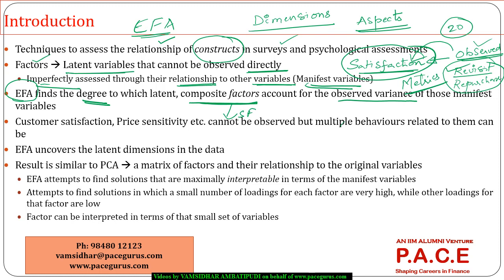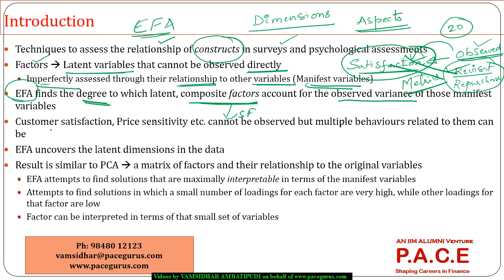Now what I want to look at is to what extent this observed variance is captured as a part of the latent factors, which we are calling the composite ones. So when I say satisfaction can be linked to revisit, repurchase, etc., I'm trying to see to what extent the variation in the revisits and repurchases can be combined together to define something called satisfaction.